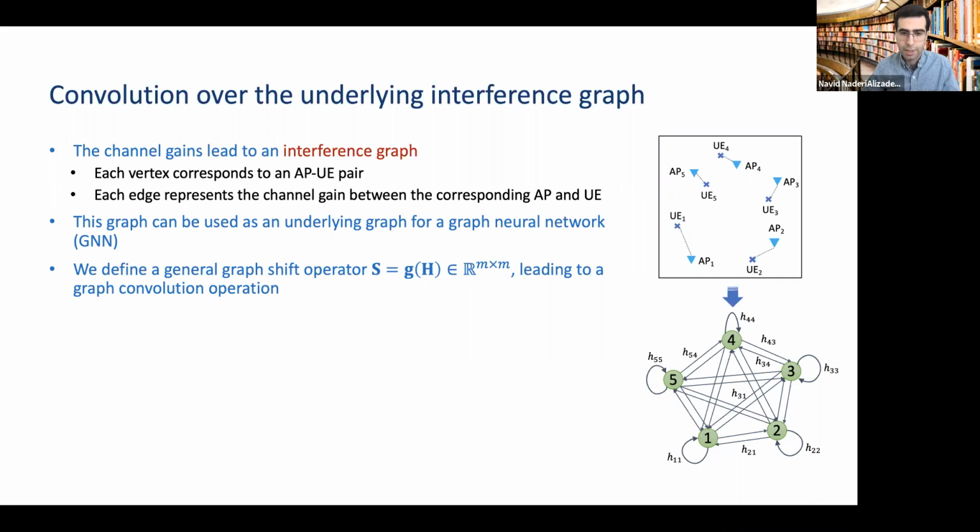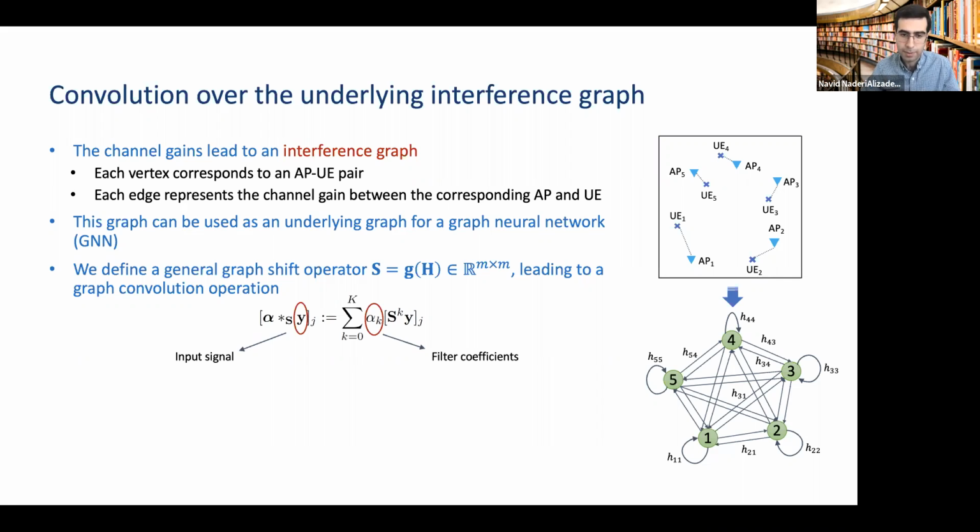So we have this matrix S, which is going to give us the weights of the edges in our network. And then we have this graph convolution operation, which takes as input a signal y on the different nodes of the graph, and a set of filter coefficients. Basically, we are aggregating the neighboring nodes' feature vectors, going from 1 hop to 2 hops or 3 hops or even more.